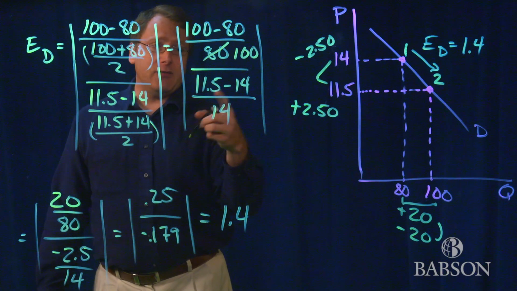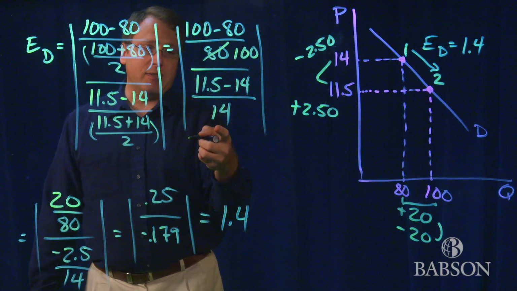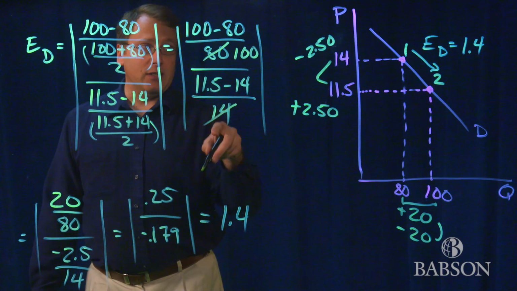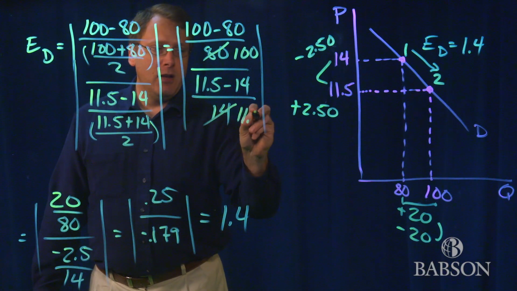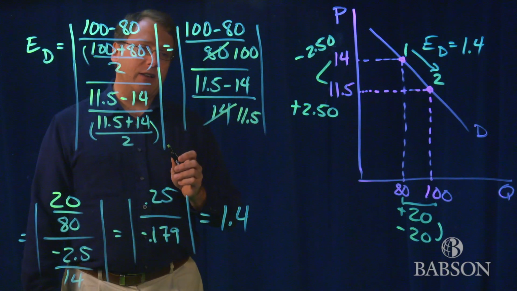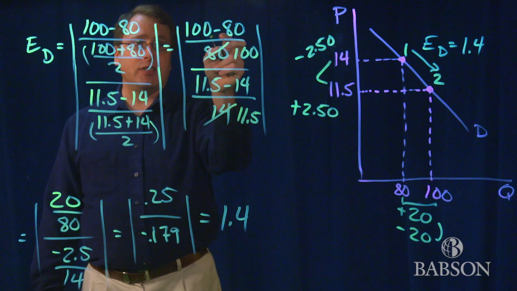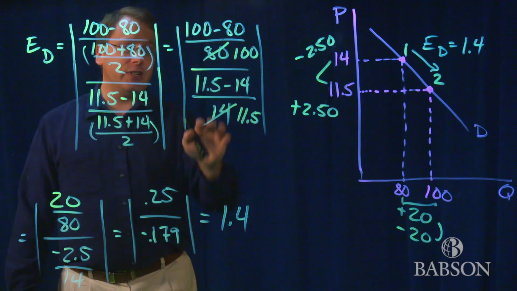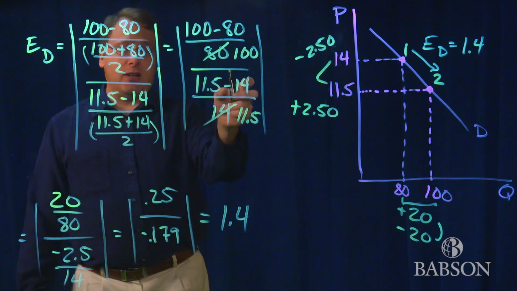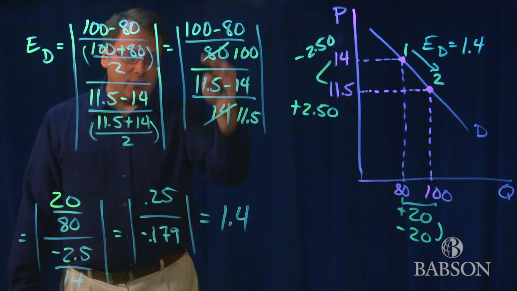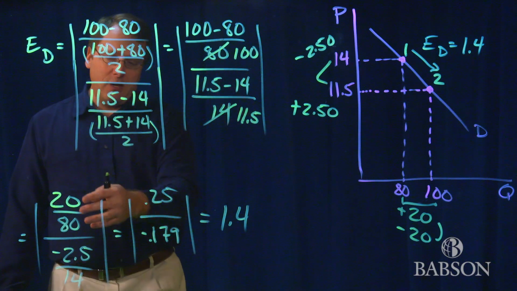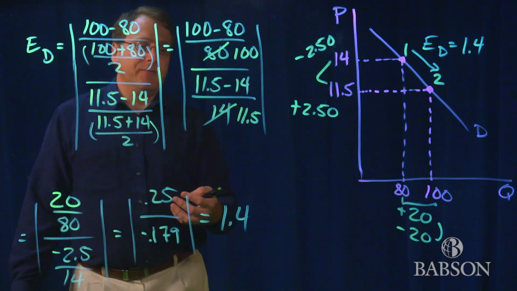The denominator down here for the change in price, instead of being 14, is 11.5. And you'll notice we could also switch these. So this is now 80 minus 100, and 11.5, 14 minus that. So really, we just need to change the signs down here.